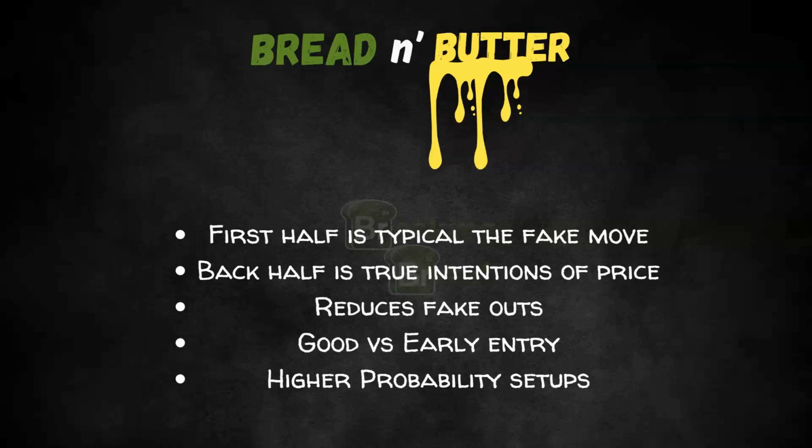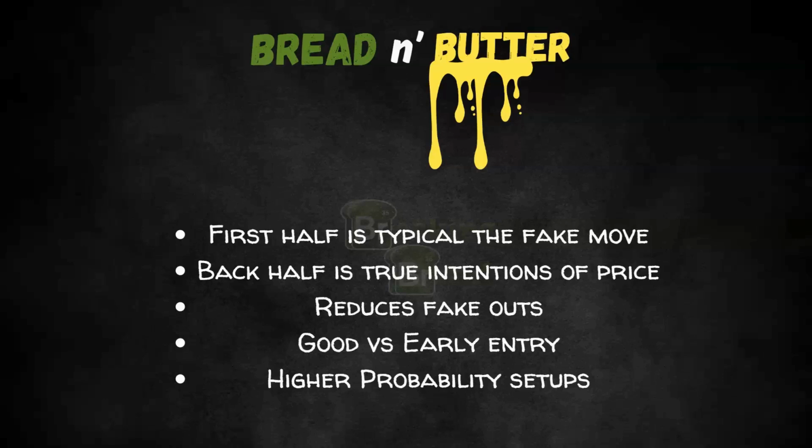We also talked about how playing the back half reduces your fake outs. I just showed you guys examples where price pushed past the major level, and I'm sure traders got stuck in that trade only for it to turn around and go the opposite direction. We talked about good entries versus early entries, right? We want the good entry. We don't have to be the first one into the trade, right? Wait till you have confirmation.